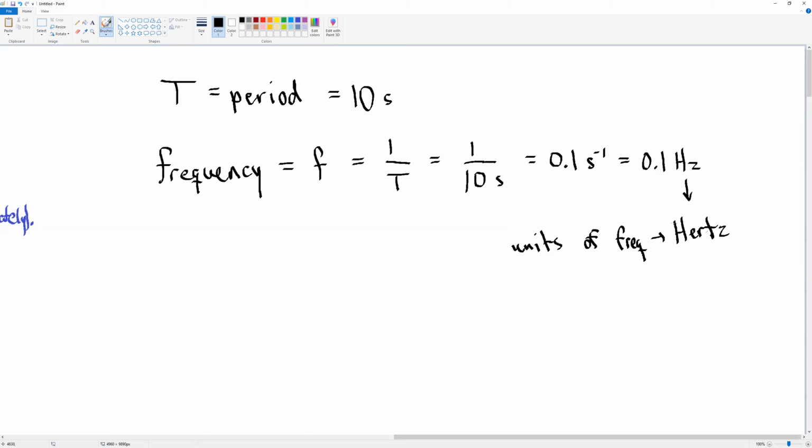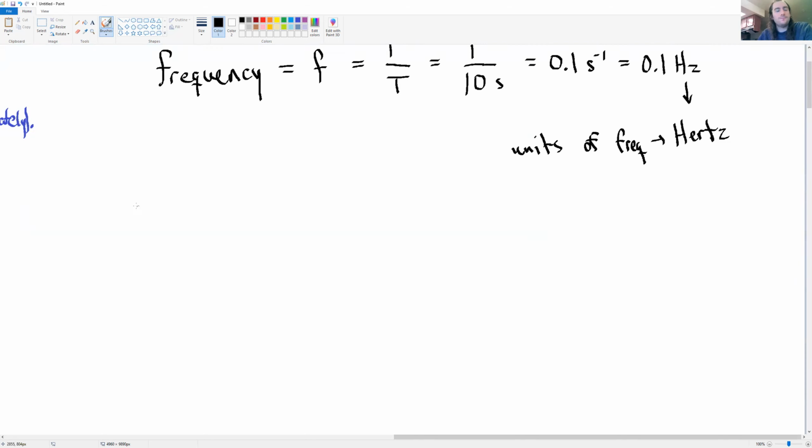So if we have a spring system that we release from rest, we can show the period.